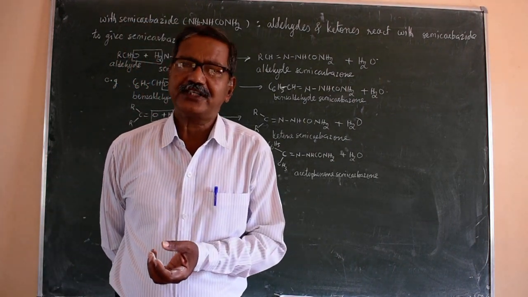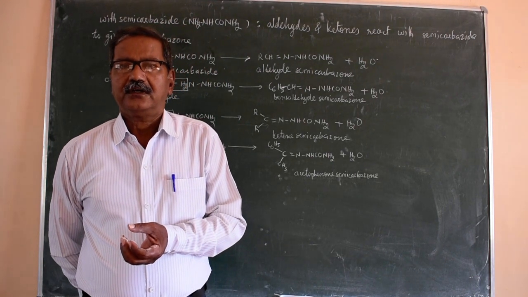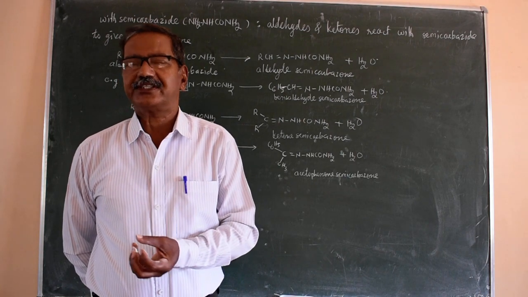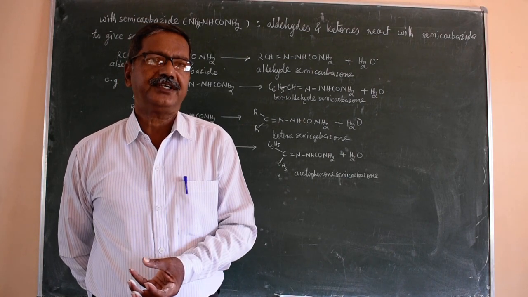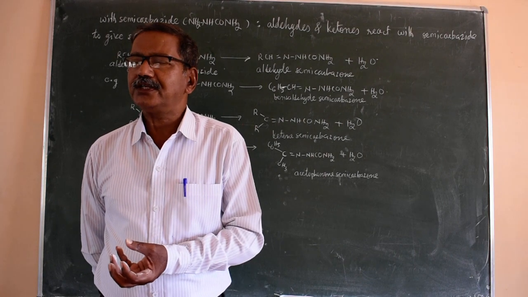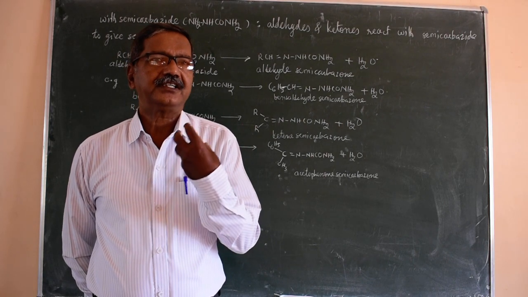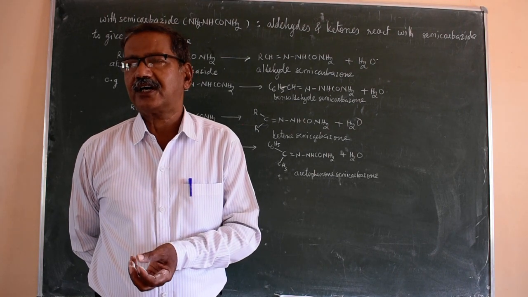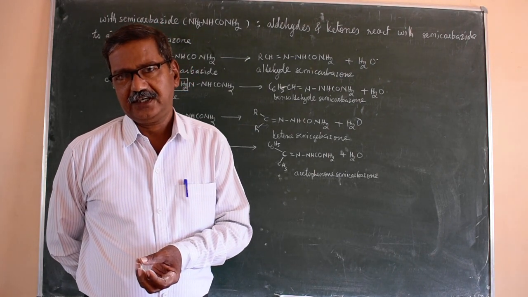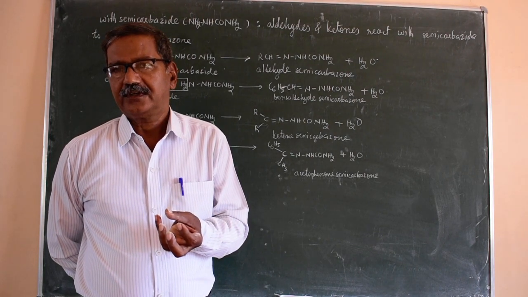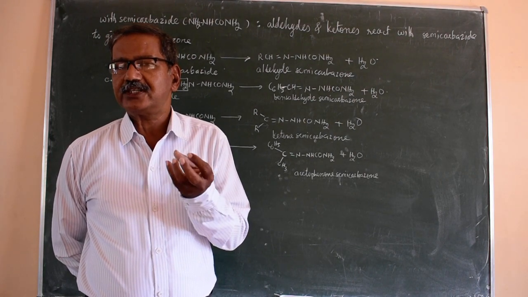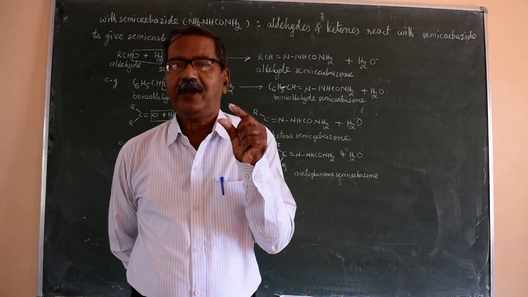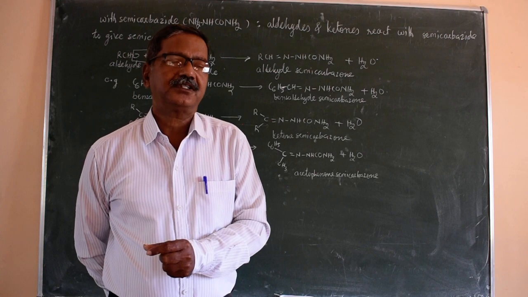In oxidation reactions also, aldehydes easily undergo oxidation, even with mild oxidizing agents like Tollens reagent and Fehling's solution, to give carboxylic acid or carboxylate ion. If you add Tollens reagent, ammoniacal silver nitrate, to an aldehyde, you get a black precipitate of silver.